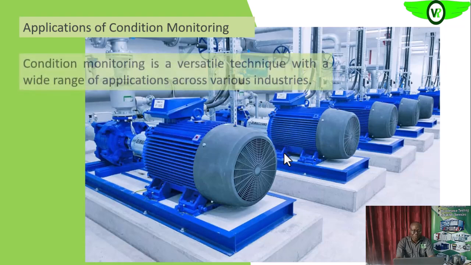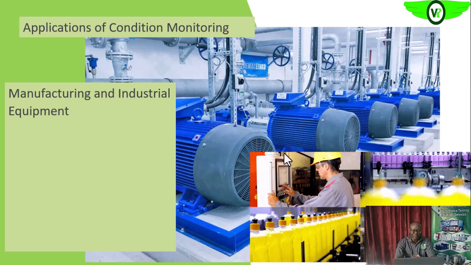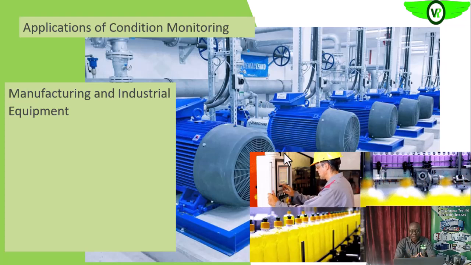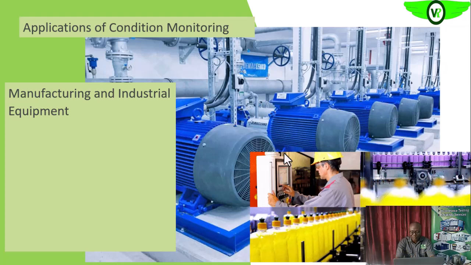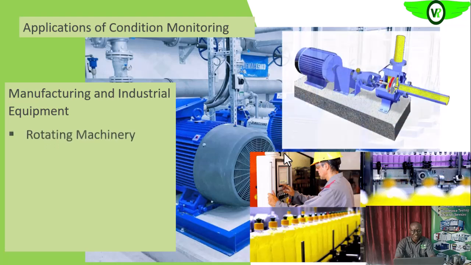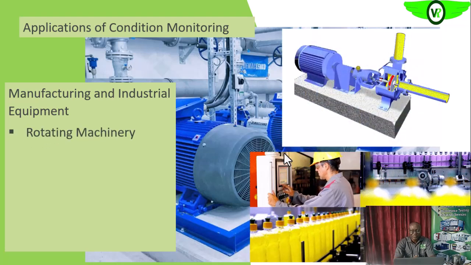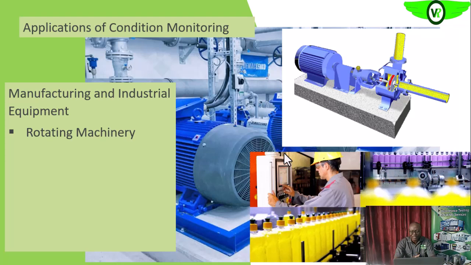So we'll look at some of the industries. In manufacturing and industrial equipment, we can apply condition monitoring. Which plant equipment do you think we can apply it on in the manufacturing sector? You can apply it on rotating equipment, and that will give us an idea as to what is happening within those equipment.